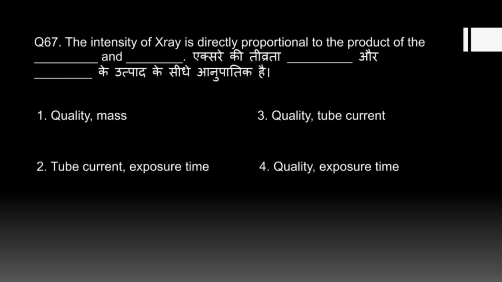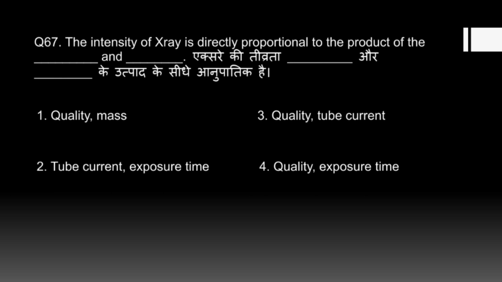So the right answer is basically option number 2. Directly proportional means when one thing increases, the other thing also increases. So here the right answer is option number 2, tube current and exposure time.